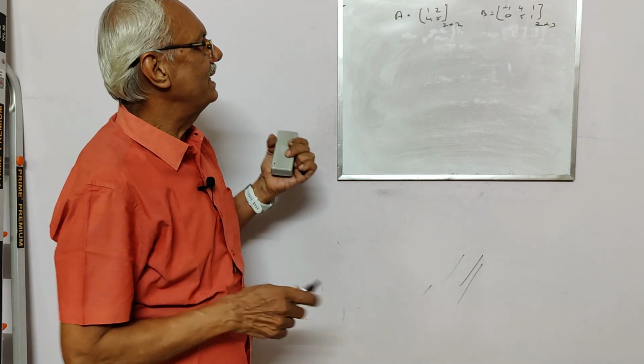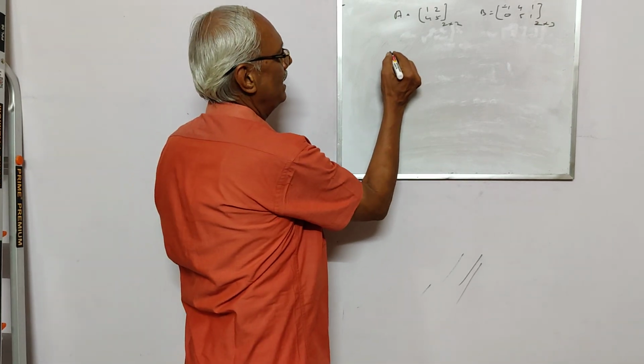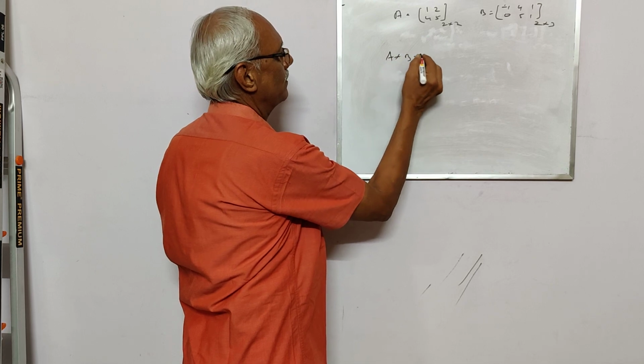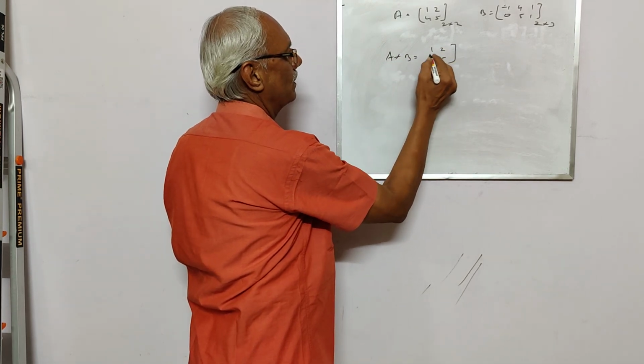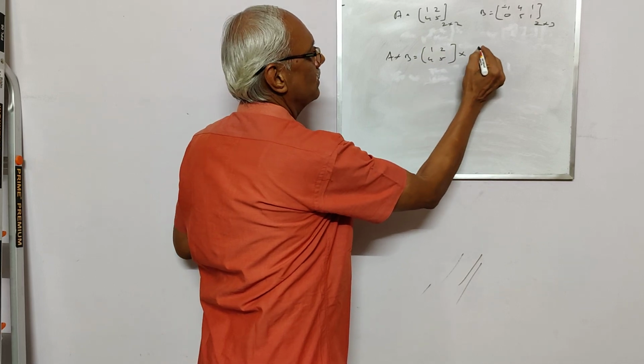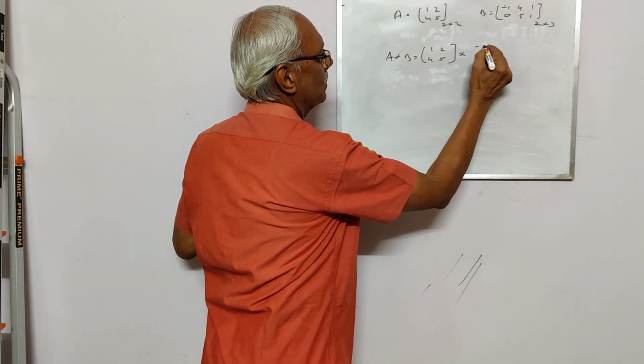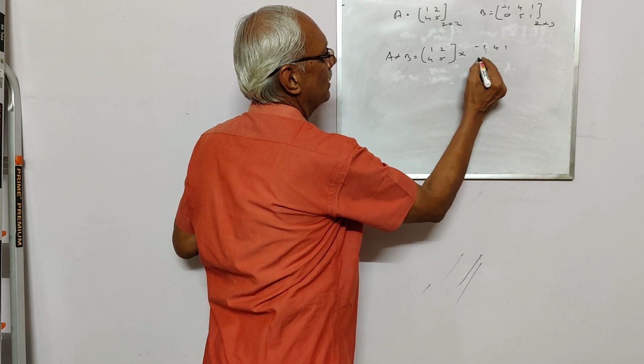Now I'll take this. See, A into B: 1, 2, 4, 5 into minus 1, 4, 1.